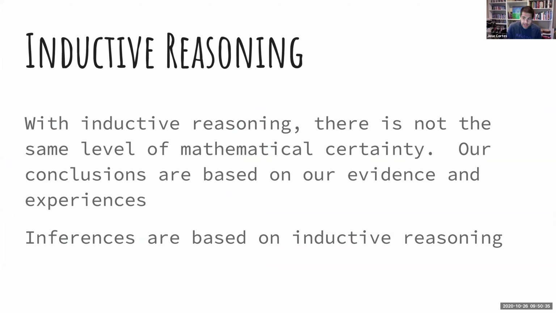Inductive reasoning doesn't have the same level of mathematical certainty as deductive reasoning. Instead, our conclusions are based off of evidence and experiences, right? Maybe the evidence of the dog's behavior, maybe the experience of having owned one of these dogs, maybe the experience of having been bitten by a smaller dog. We're calling on more than just one piece of evidence to help us come to a conclusion.